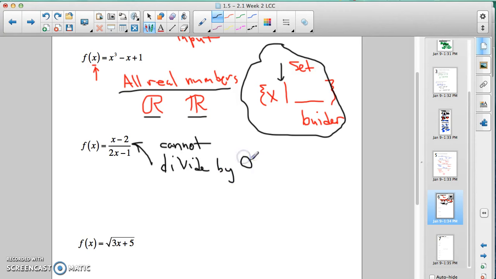So that means there's a restriction here. This part of the function, the denominator, restricts the domain.